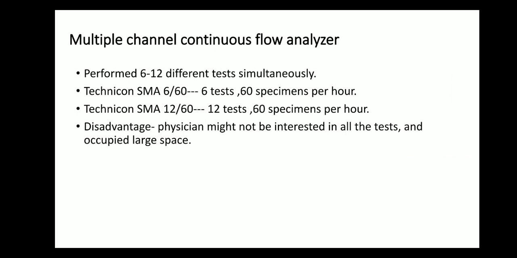So the 660 means 6 tests can be done, okay, and 60 specimens can be analyzed per hour. Then similarly one more model is a Technicon SMA 1260 where 12 tests can be done and 60 specimens can be analyzed per hour.